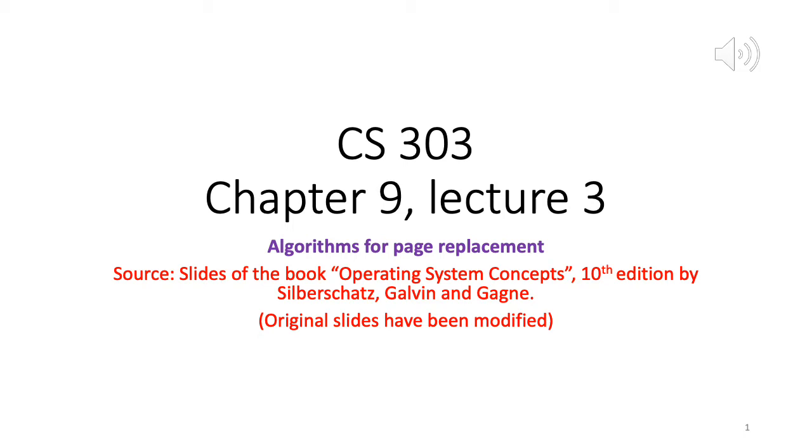All of these algorithms answer the same question. If you have to evict a page, if you have to replace a page, which page do you replace? Which page do you evict?